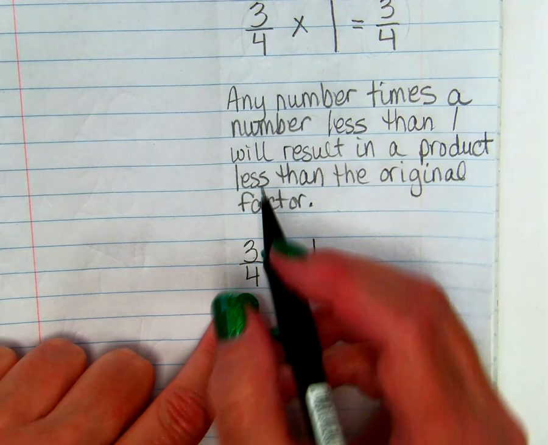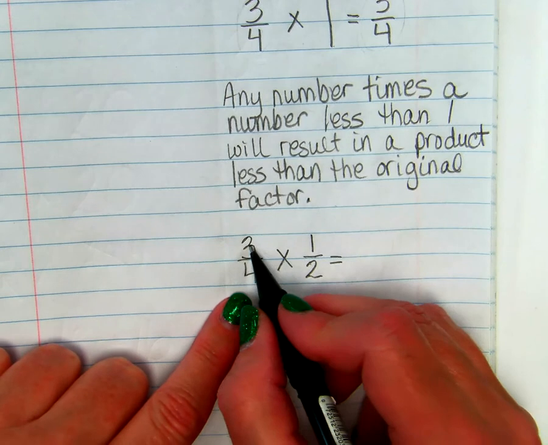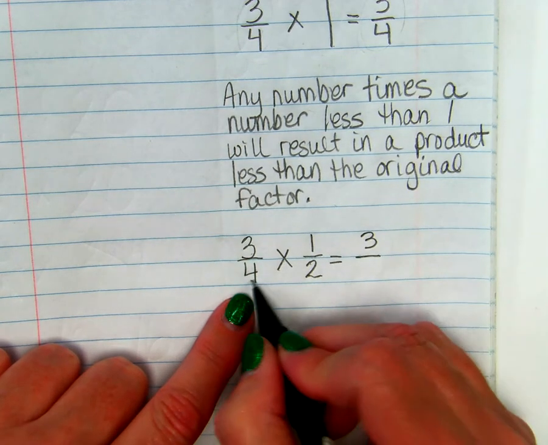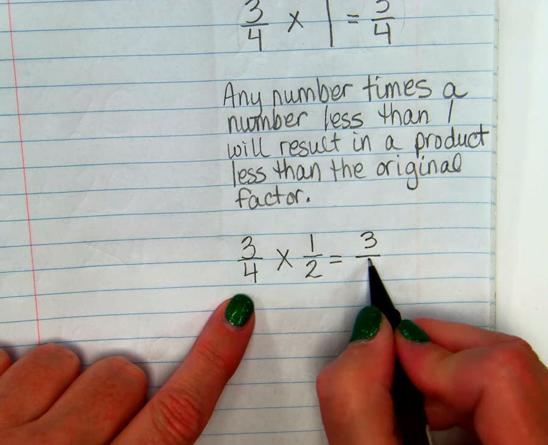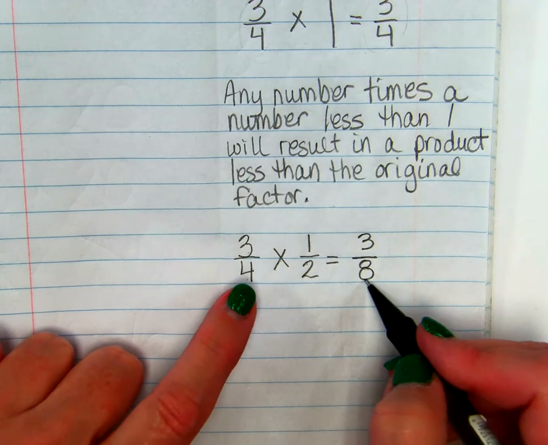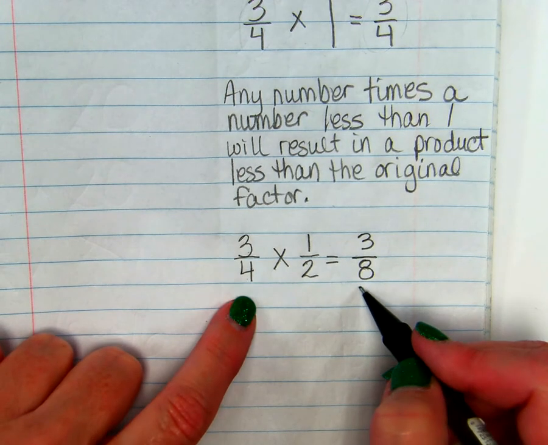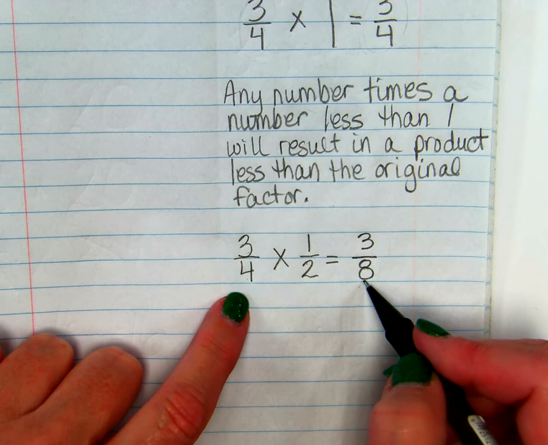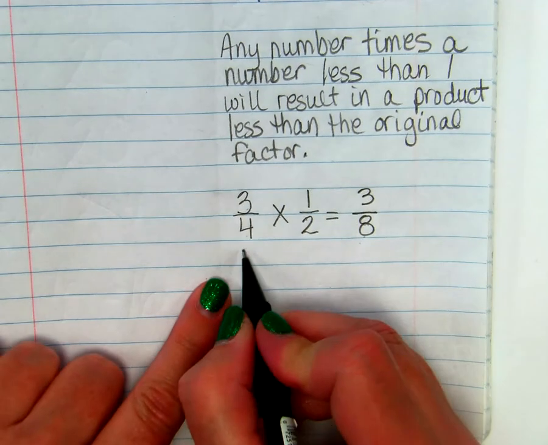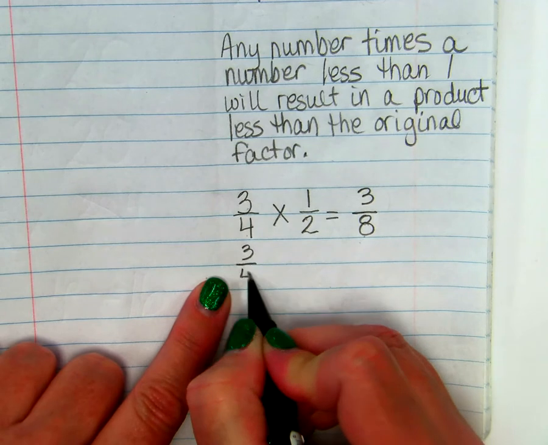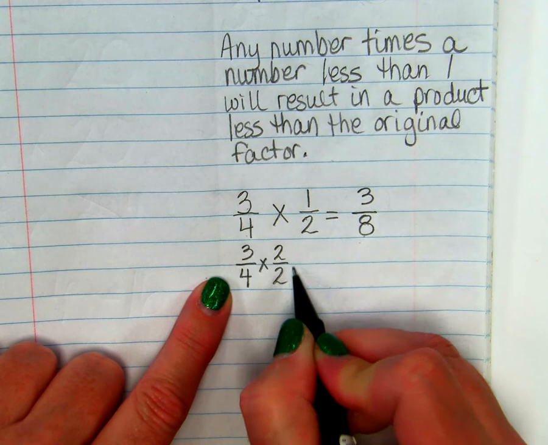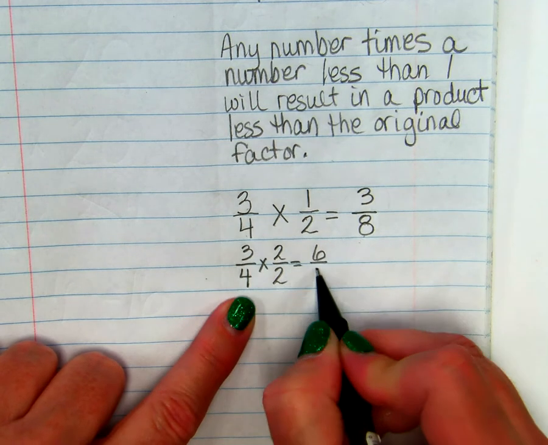Are you ready? Let's multiply straight across. 3 times 1 is 3. 4 times 2 is 8. 3/8. Well, when we're comparing, let's make sure that our denominators are the same. So I'm going to quickly take my 3/4 down here and multiply it by 2/2, that fractional 1, so that it will give me 6/8.